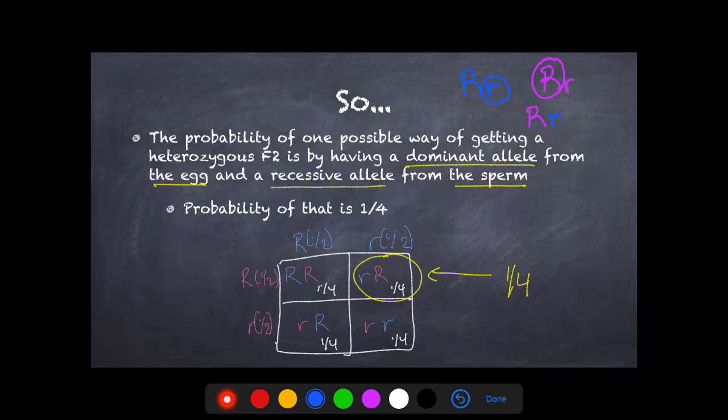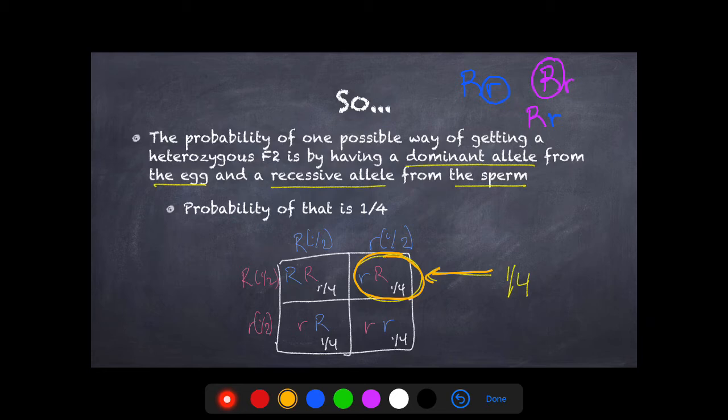Now, if I look at my Punnett square, this is the same Punnett square that I did in a couple slides ago, and we broke it down. Which one of these squares of the Punnett square looks like what I just got, the big R and little r? It's the one that I have circled in yellow, right? So this one, big R little r, is from the sperm, and big R is from the egg, and that's 1/4, right?